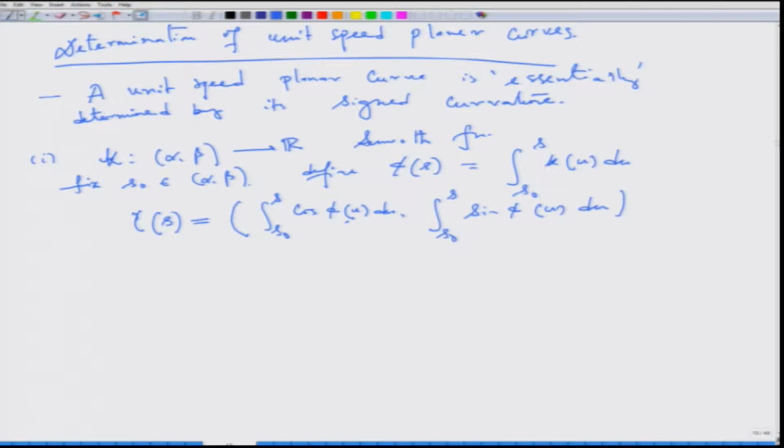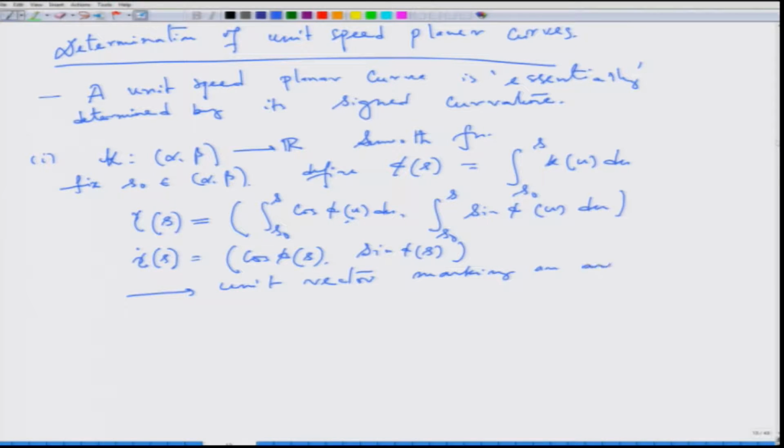So what will happen? What is gamma dot s? This is cos phi s, sin phi s. So this is a unit vector making an angle phi s with the x axis.